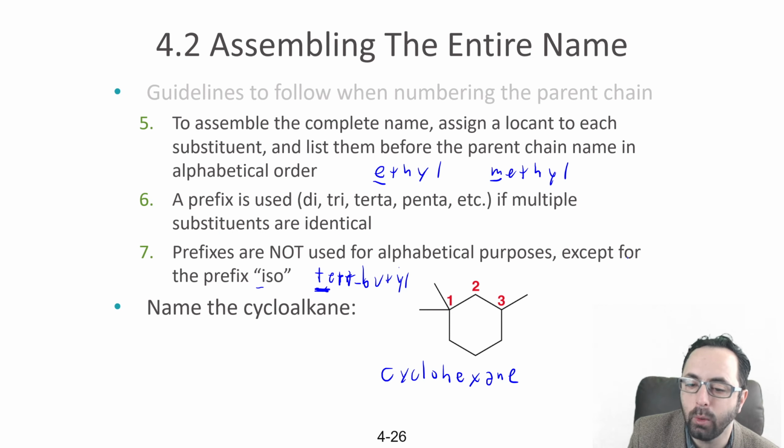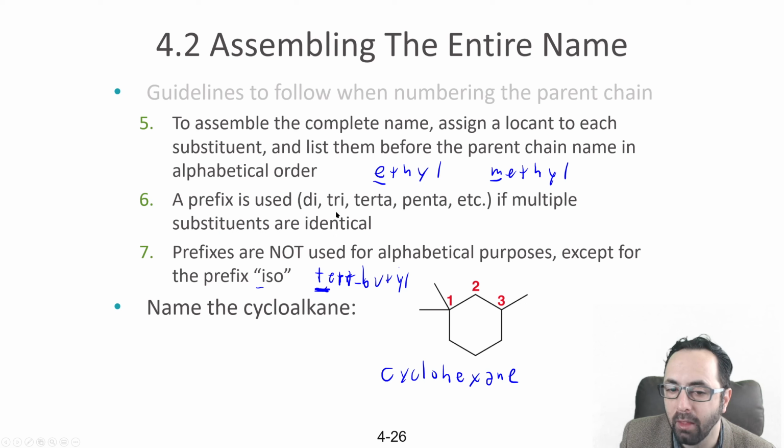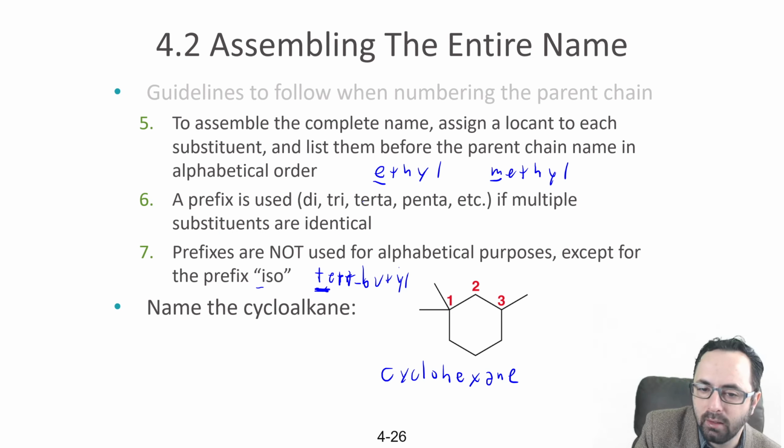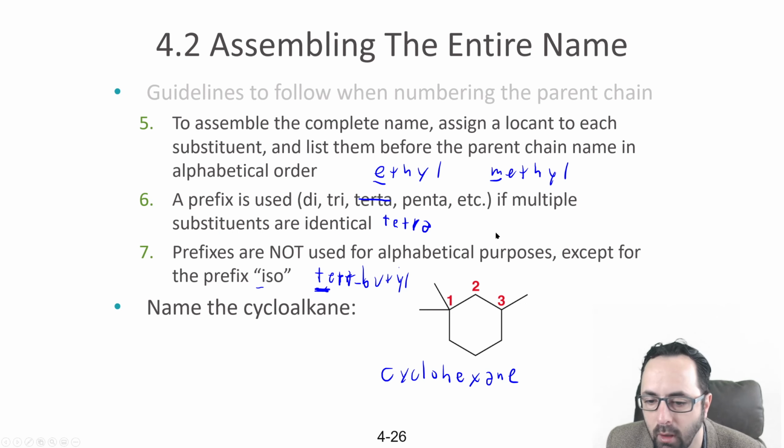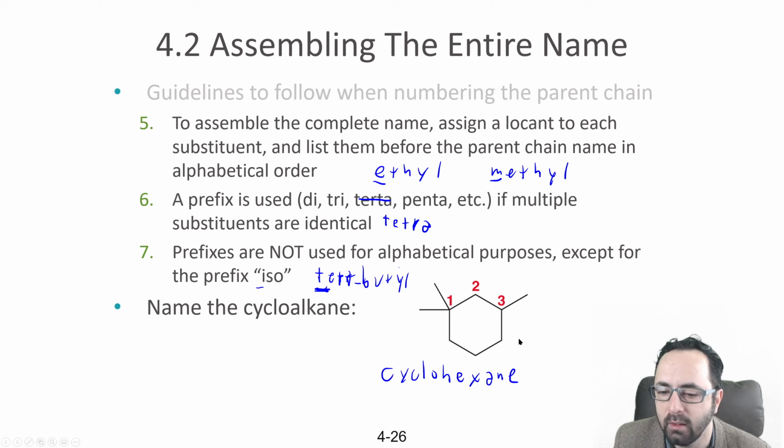Now we have 3 methyls. So we don't just say methyl. Here we use a prefix like di, tri, and this is supposed to say tetra, sorry. It says terta, and it's supposed to say tetra, not terta. Tetra, penta.